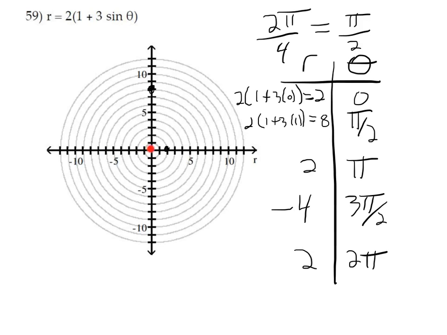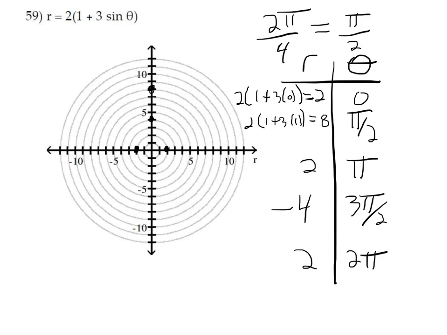Facing in this direction, we walk out 2. Now, facing in the 3 pi halves direction, we're walking negative 4. So we're facing in this direction, but we're walking negative 4 and we get to here.